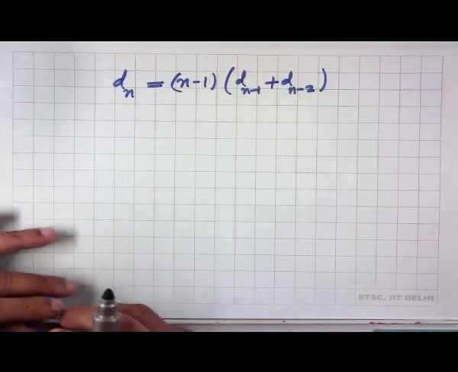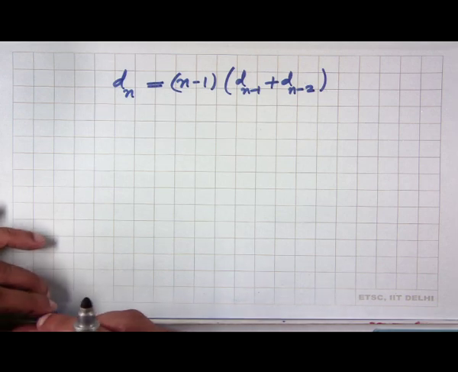It basically means to evaluate d_n, I need to know each of the 2 immediately preceding terms in the sequence. So I must know to evaluate d_3, for instance, d_1 and d_2. In fact, if I know the first 2 terms of the sequence, I have completely determined the sequence. But we don't know this.